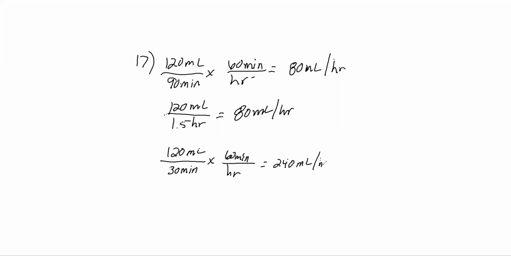The sticking point is you look at that and you say, how could I infuse more than what I am supposed to give? And that's not the point. The point is you set the rate at how fast you want it to go. So if I want that 120 mL to be infused in 30 minutes or 90 minutes or 45 minutes, you're just changing the rate.